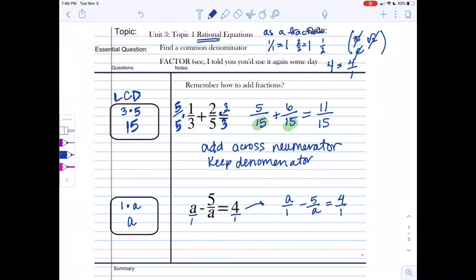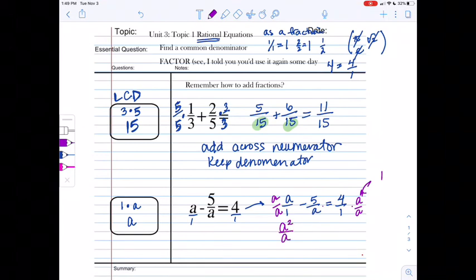As I'm looking at these, it looks to me like this is missing a, so I multiply by a over a. And this part here, negative 5 over a, isn't missing anything because it has a in it. And here I'm missing a over a. Remember, I multiply by a multiple of 1. A over a is 1. So when I multiply here, I have multiplying fractions: a squared over a.